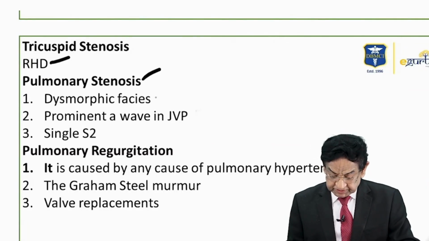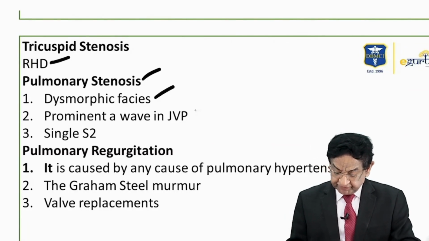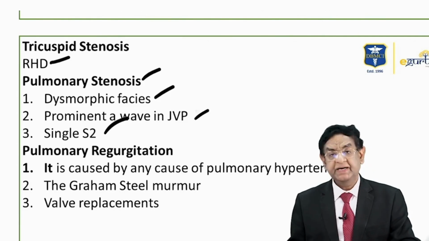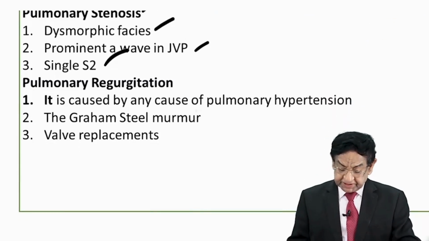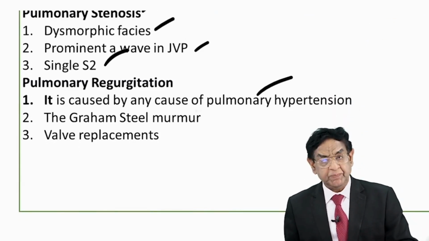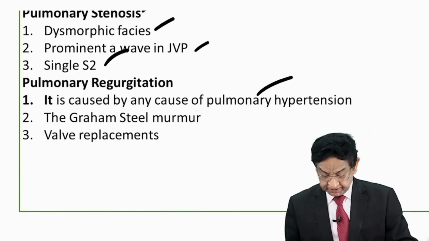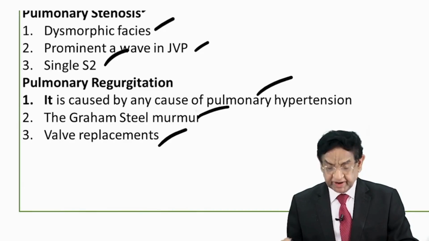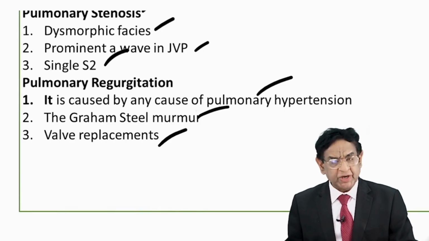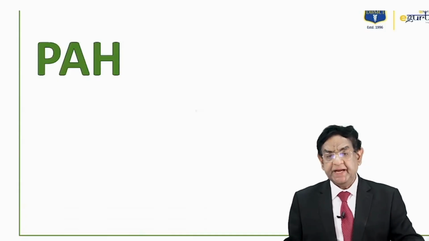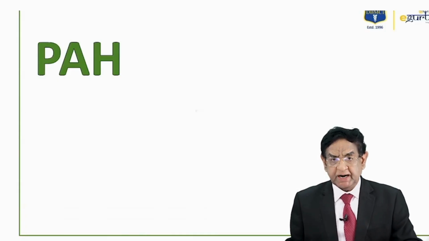Pulmonary stenosis we get dysmorphic faces, prominent A wave, and single S2 can be there. Regurgitation is caused by any cause of pulmonary arterial hypertension. Graham-Steell murmur, and valve replacement is the only option, but it is usually not needed. PAH is pulmonary arterial hypertension.